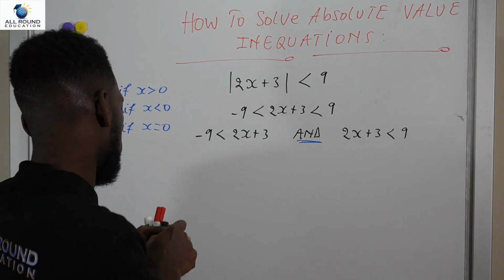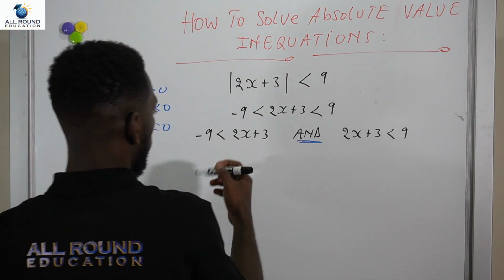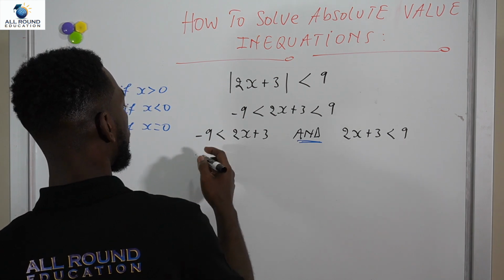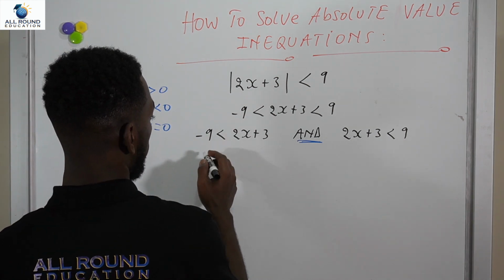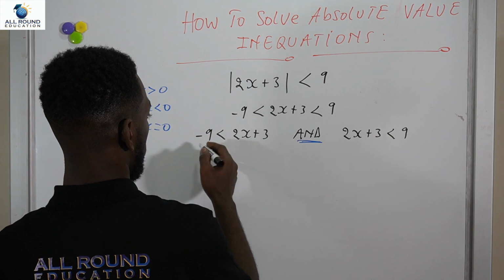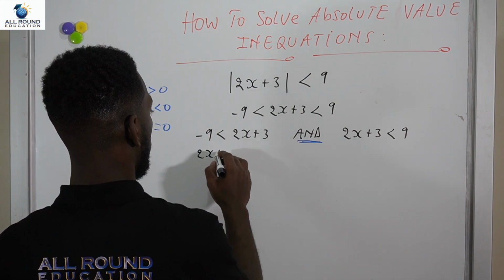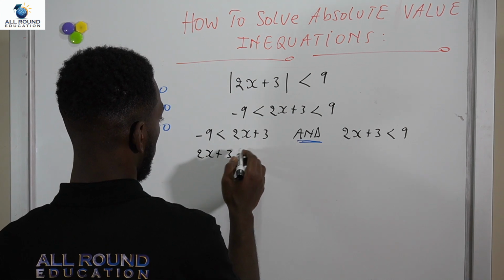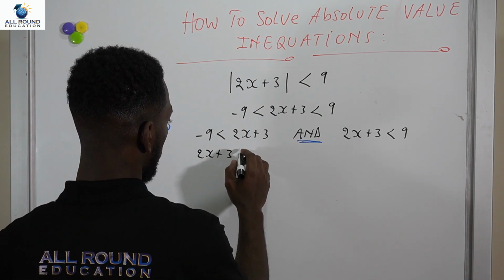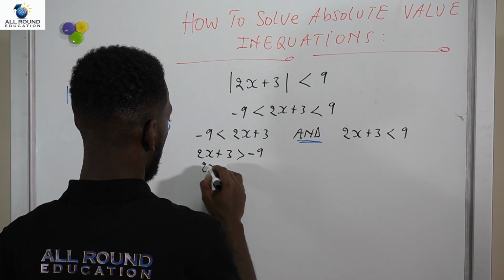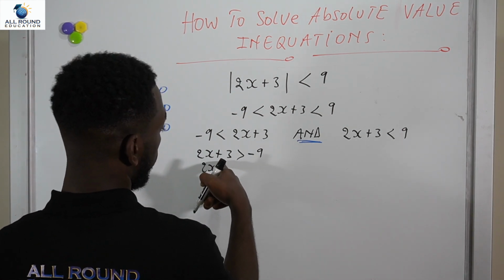So let's move on. We are trying to solve for x. For the first part, 2x plus 3 is greater than negative 9, and we subtract 3 on both sides.